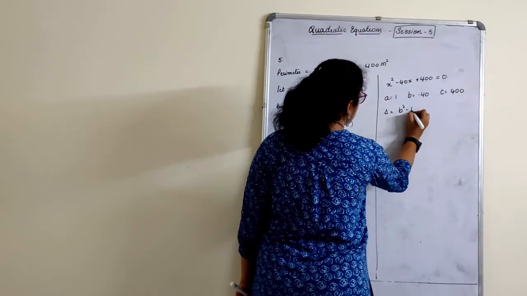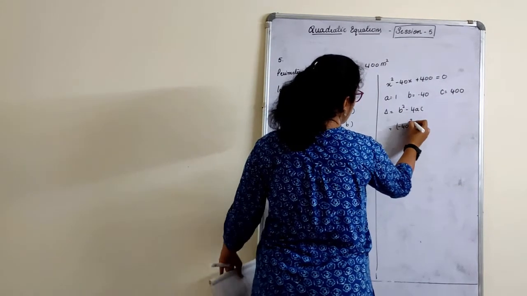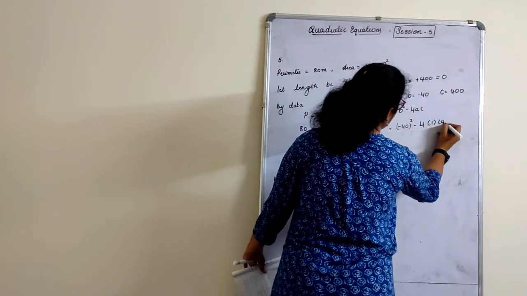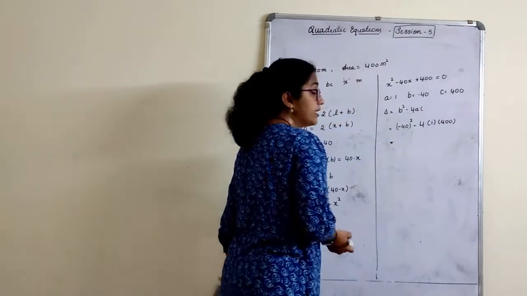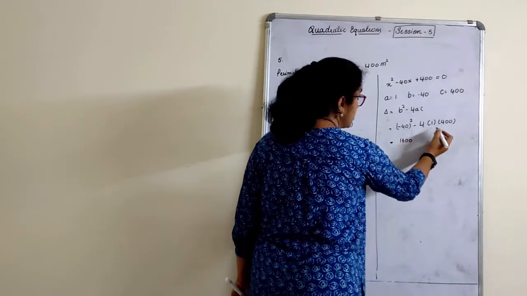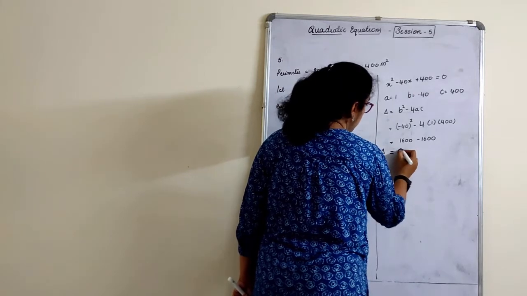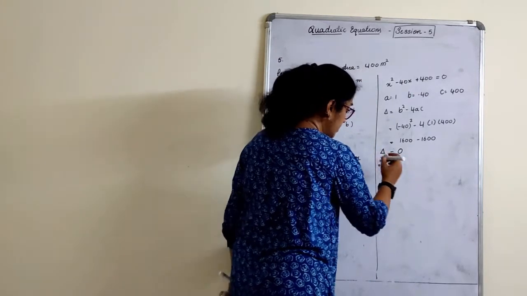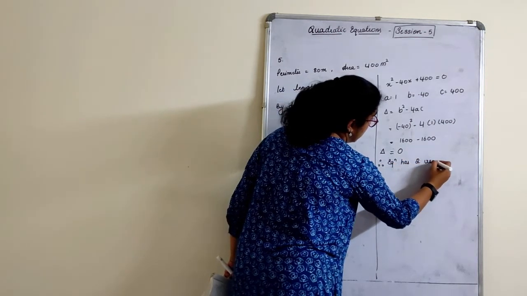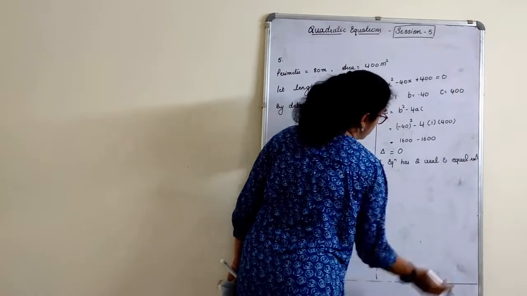Delta is equal to b square minus 4ac. B is minus 40 whole square minus 4 into 1 into 400. 40 square, 4 square is 16, 1600 minus 4 fours are 16, 1600. So delta is equal to 0. Therefore, equation has two real and equal roots.